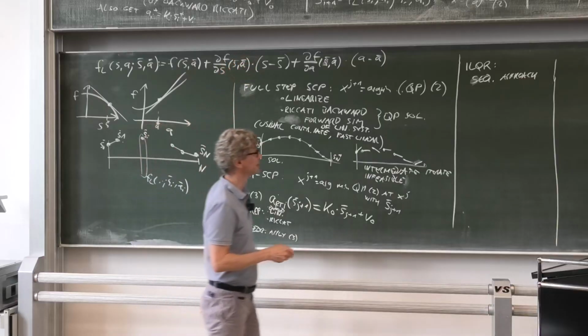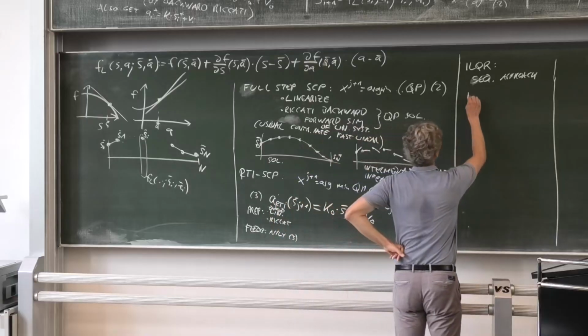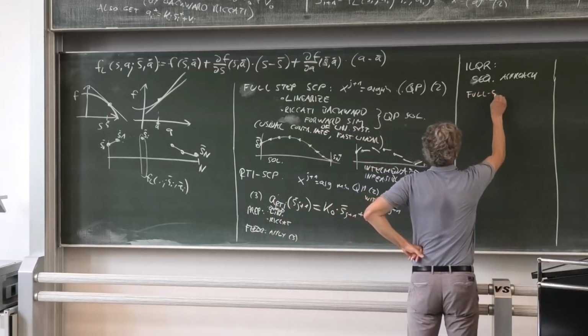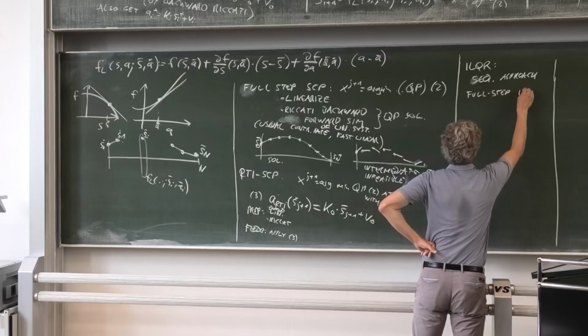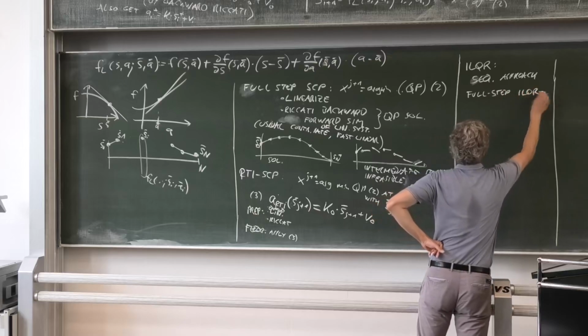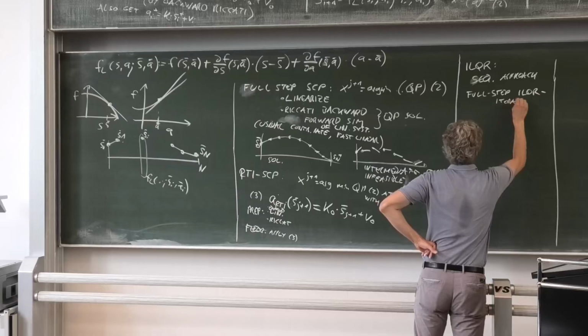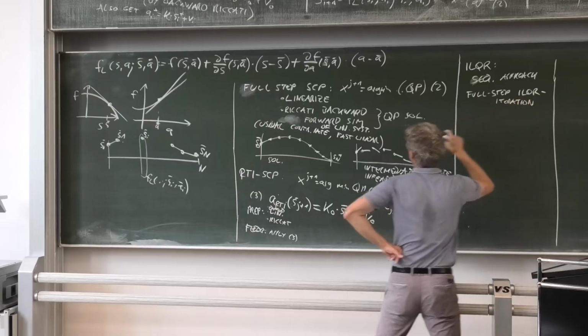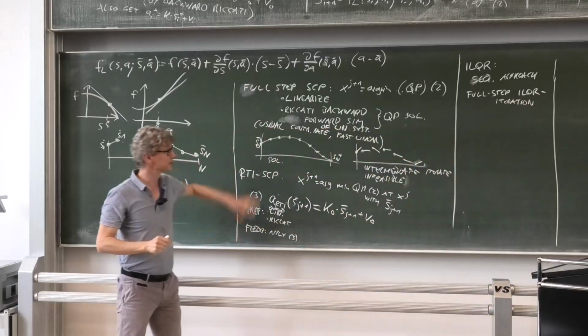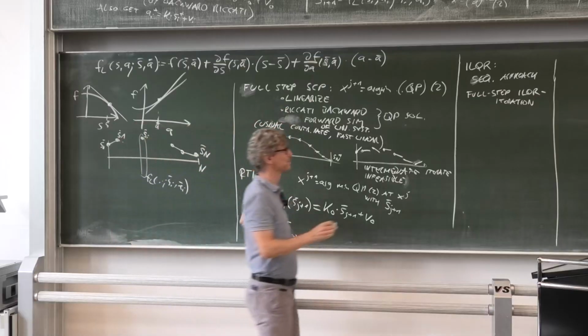Yeah? And the idea in the full step ILQR iteration, so to say, is that we just do the forward sweep differently. So we don't solve a QP actually. Yeah?